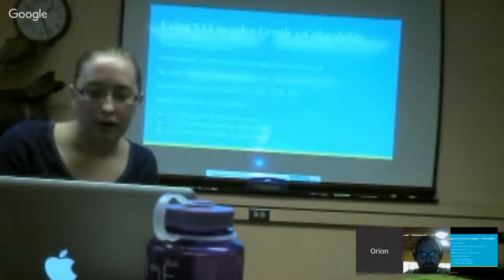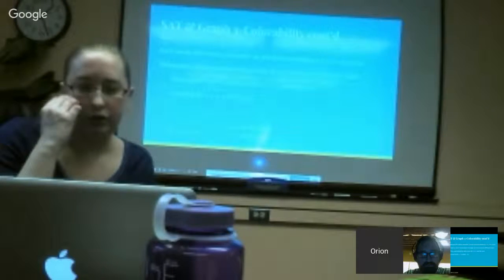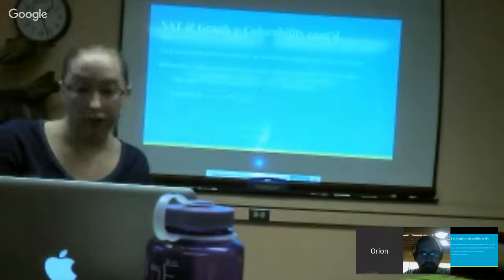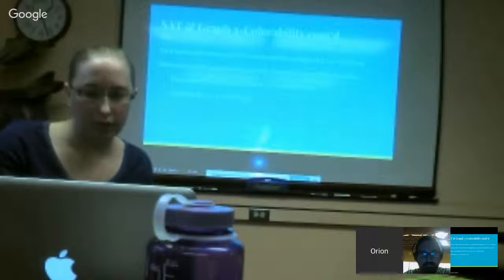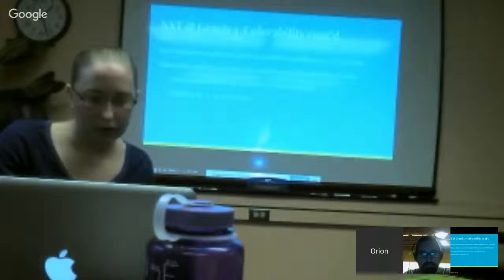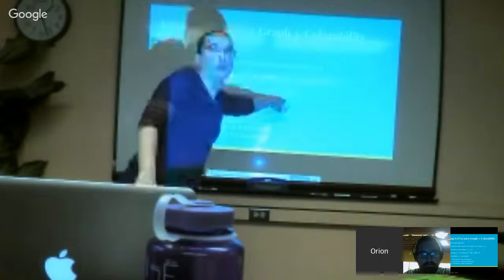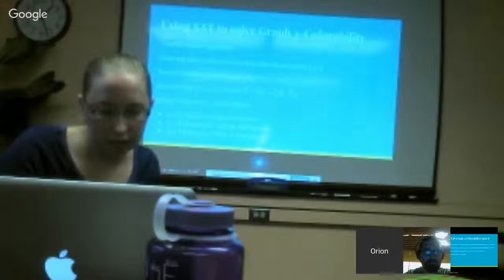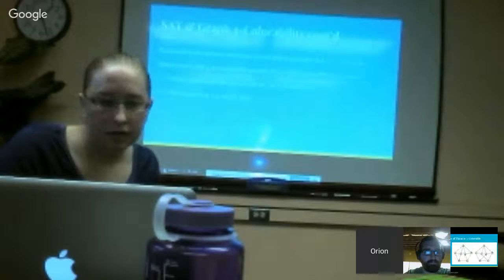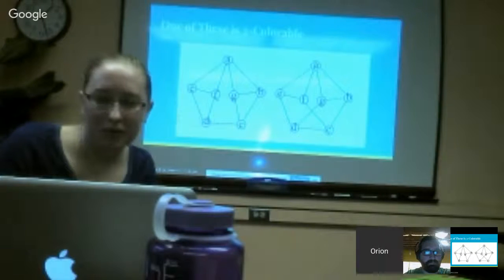And wherever they are joined by an edge, they should receive different colors. They cannot both be red, so one of these has to evaluate to true. So one of these is 3-colorable, one of them is not.